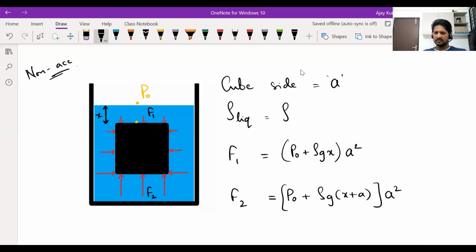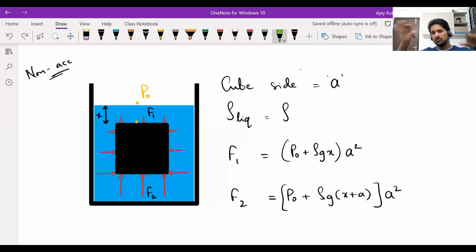Now, some of you may be asking, sir, above the bottom of the cube, water is not there, liquid is not there, some other material is there. How are we saying this is the pressure? I told you that the material's effect is not shown here. Why? We are holding that object, the cube, there. We are not allowing it to press down or go up. So the material's effect will not be shown here. How will pressure get created there?